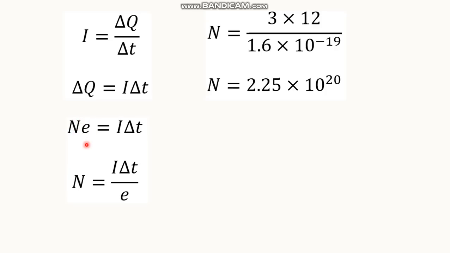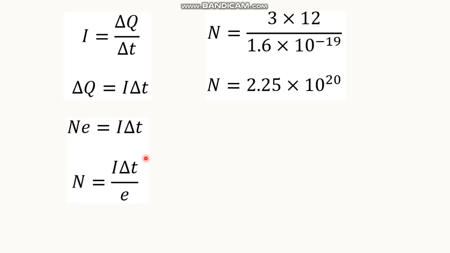In this case, the electrons flow through the wire, so the fundamental charge is the charge of the electron times the number of electrons. That's the amount of charge. The problem is to find the number of electrons, so we divide both sides by the fundamental charge, and we arrive at N is equal to I change in T over e.